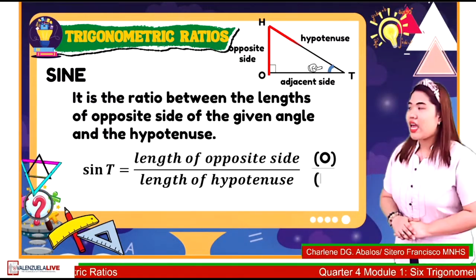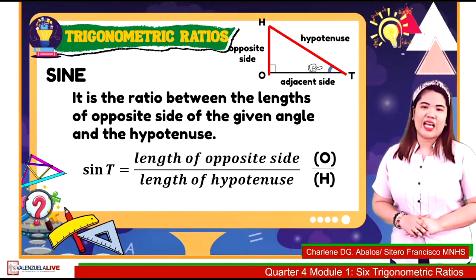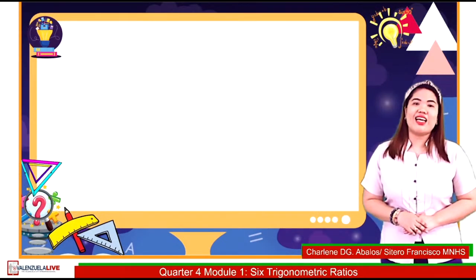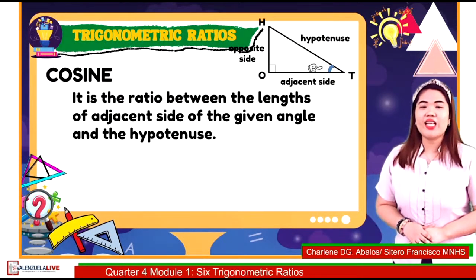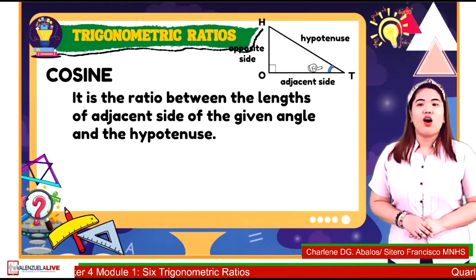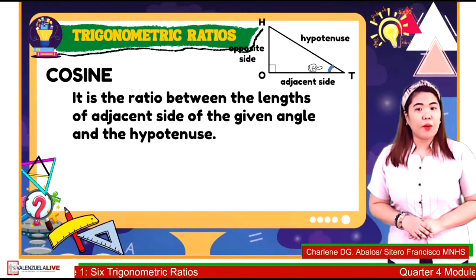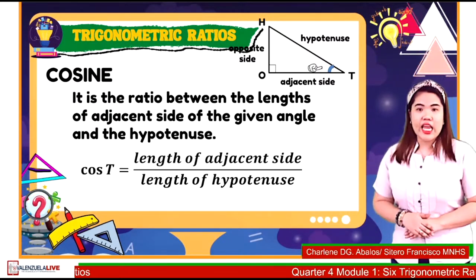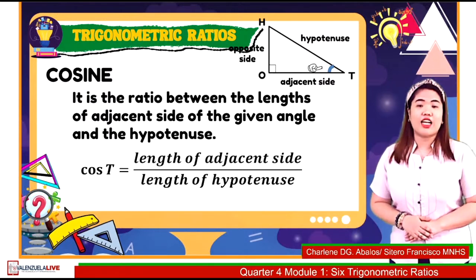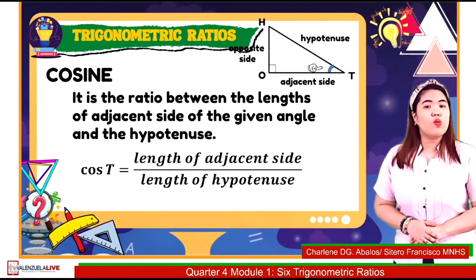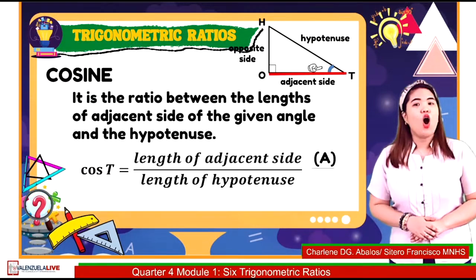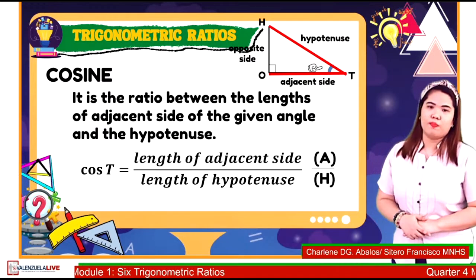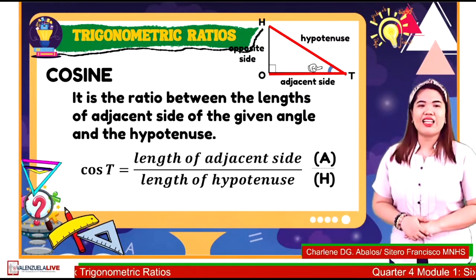Next, cosine is the ratio between the lengths of adjacent side of the given angle and the hypotenuse. Therefore, we have cosine T is equal to the length of the adjacent side of the given angle, which can be represented as A, over the hypotenuse, which can be represented by H. Let's now have the tangent.